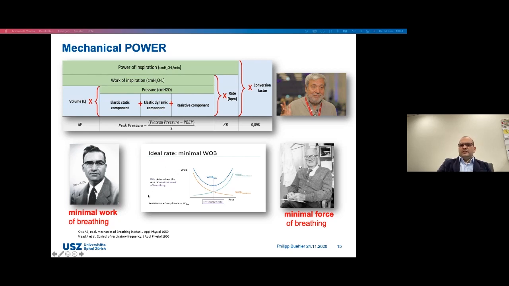With the OTIS and the MEET formula, much of this work of inspiration is covered by the Intellivent-ASV 1.1, especially because the breathing frequency has a considerable influence on the mechanical power. This, combined with the simplified mechanical power formula, can be used for continuous evaluation.